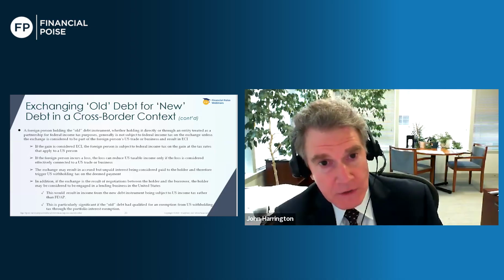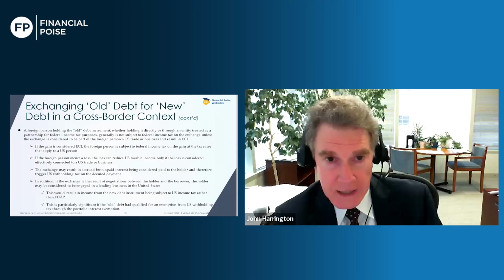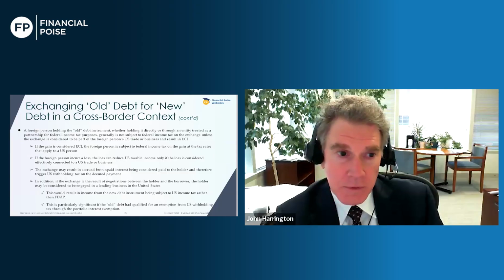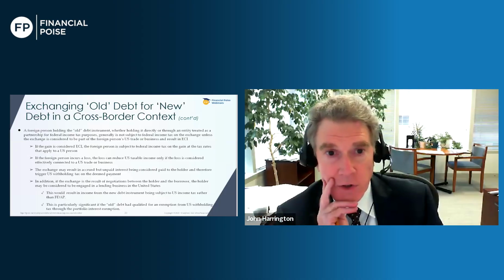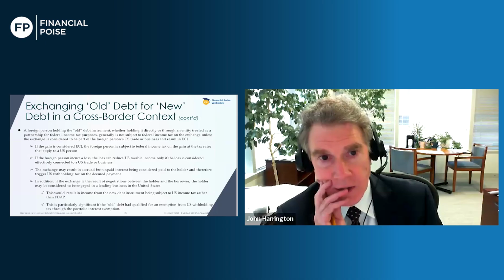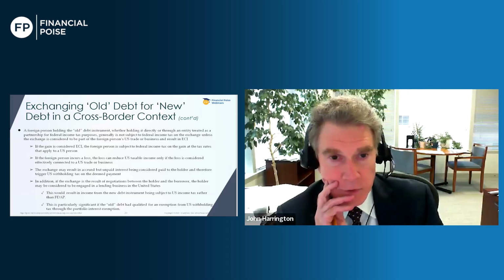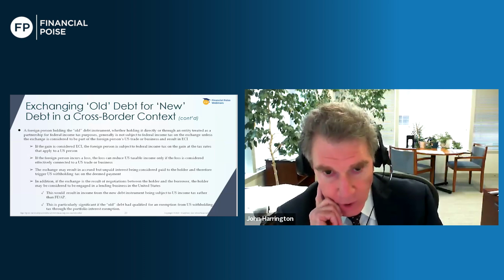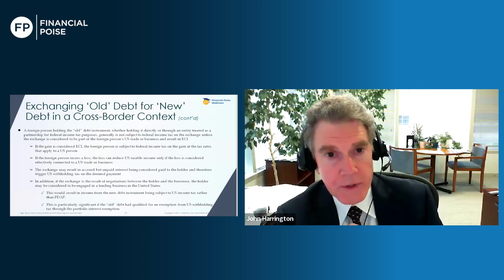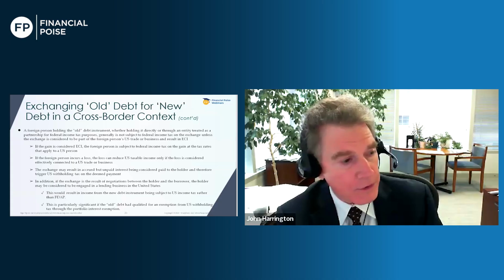Now, those are the rules for income in terms of taxation. The flip side is the loss: you can't deduct a loss unless it is part of that effectively connected income, part of that trade or business. So it's good news or bad news, depending on whether you have a gain or a loss. There are two things to point out on this as well.